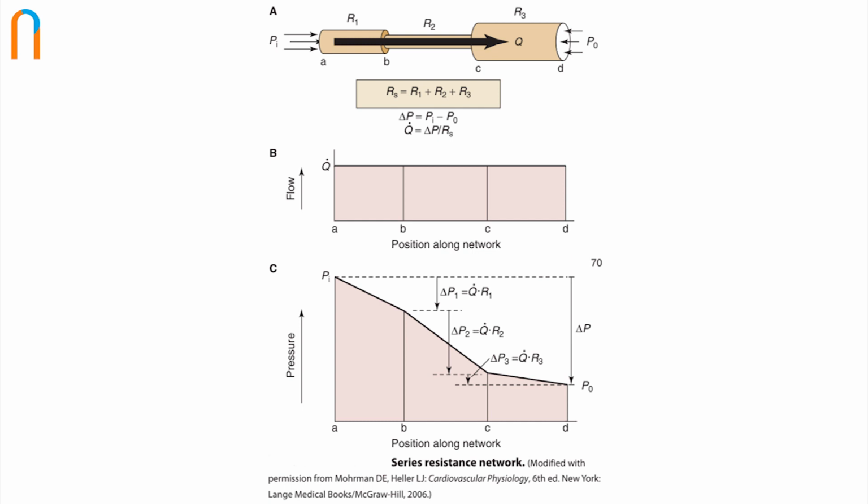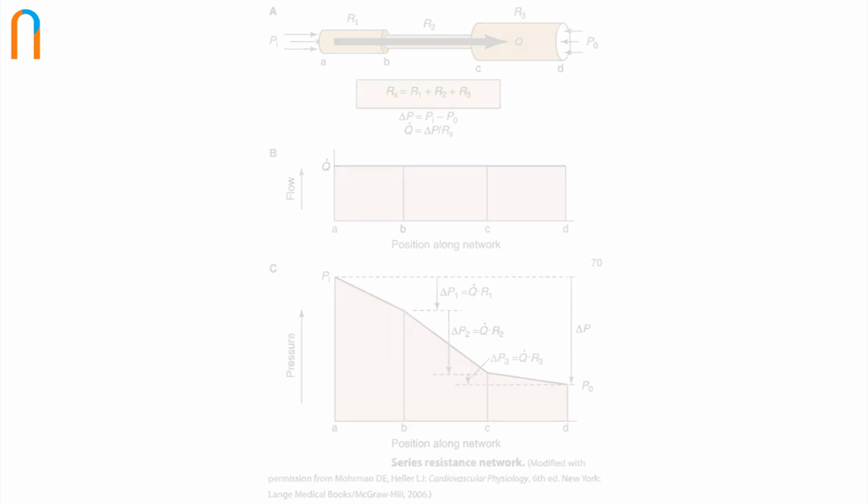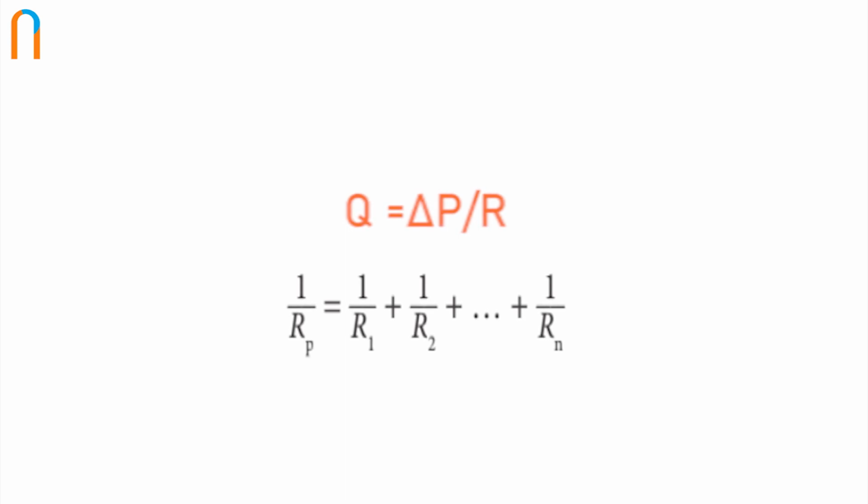Figure shows an example of three vessels connected in series between some region where the pressure is P1 and another region with a lower pressure P0, so that the total pressure difference across the network, delta P, is equal to P1 minus P0. By the series resistance equation, the total resistance across this network, Rs, is equal to R1 plus R2 plus R3.